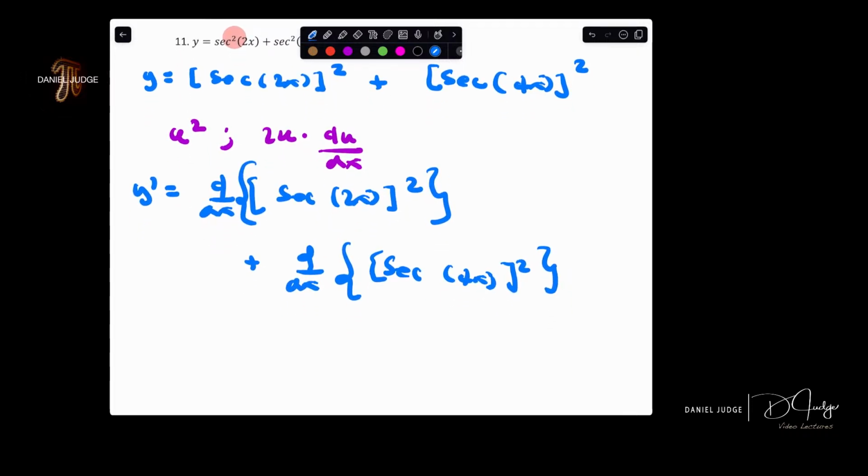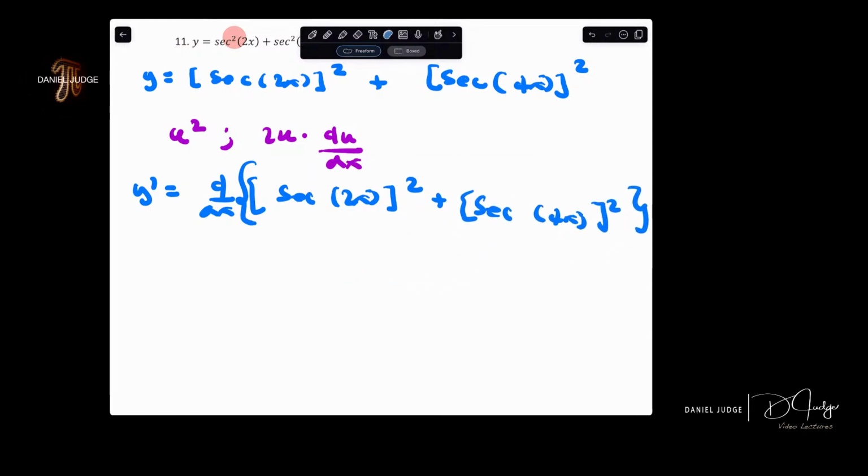And maybe we just write it this way first, and you guys can see I'm differentiating a sum here. Some people may need to see that first. So now we'll say derivative of a sum is the sum of derivatives.